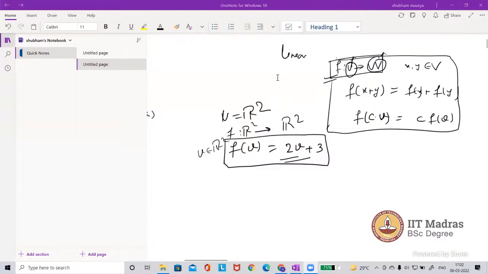Yes, sir, but the screen is not visible. Okay. Now my screen is visible, right?